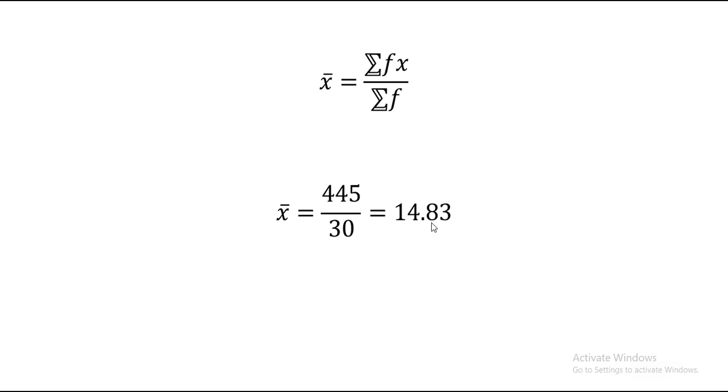If I give a review of all the things that we have done in mean: for simple random observations, the formula is summation x divided by n. That is, you add all the observations and divide by the total number of observations. For simple frequency distribution, we use the formula x bar equals summation fx divided by sum of f.